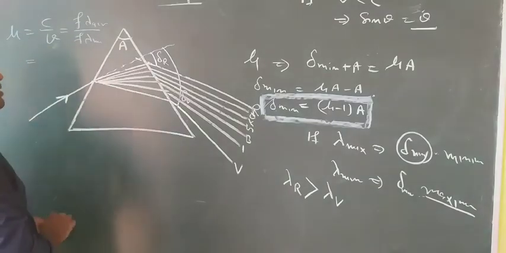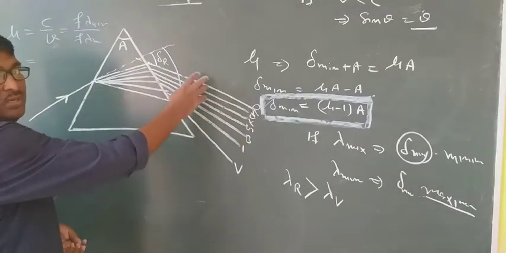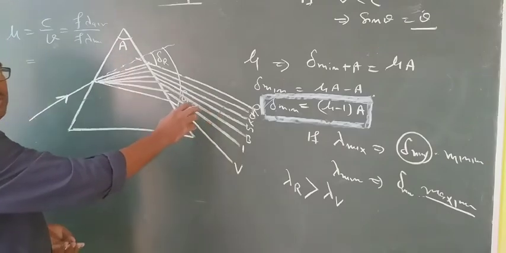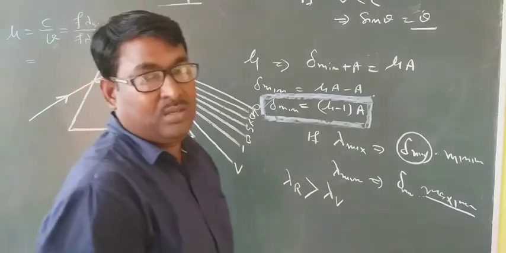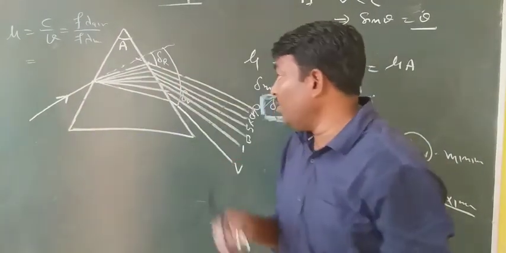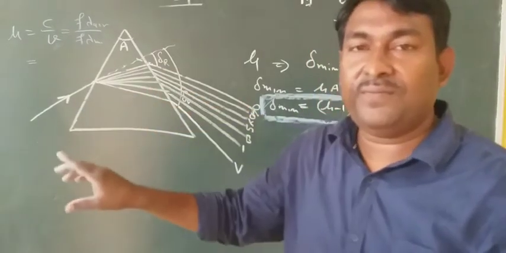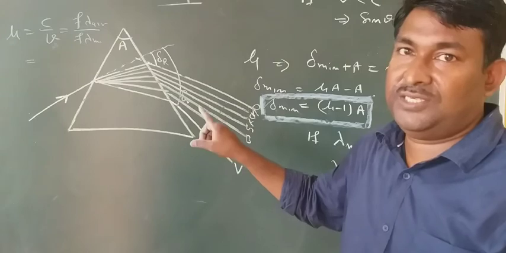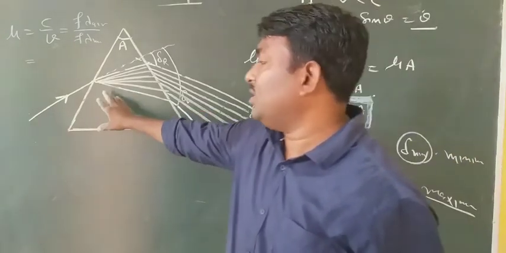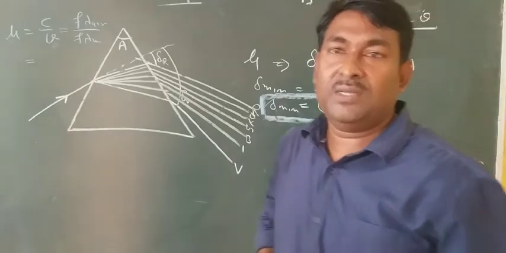Due to suffering different deviation, they will split into the constituent colors. So this is the cause of dispersion. In conclusion, the cause of dispersion is the different velocity of different colors or different wavelength of the light when it passes through the prism. Thank you so much.